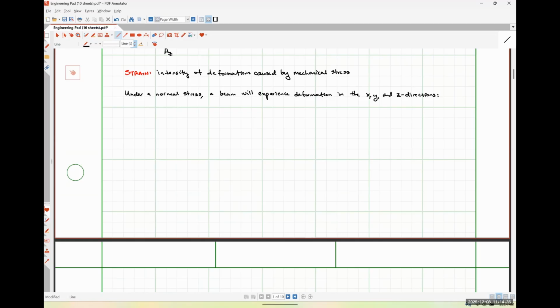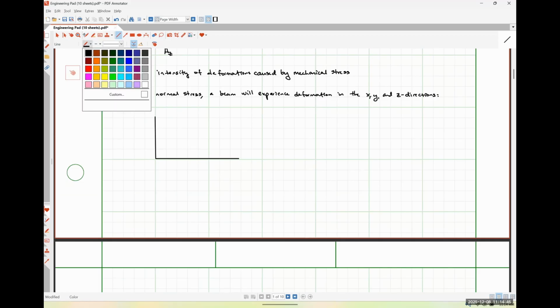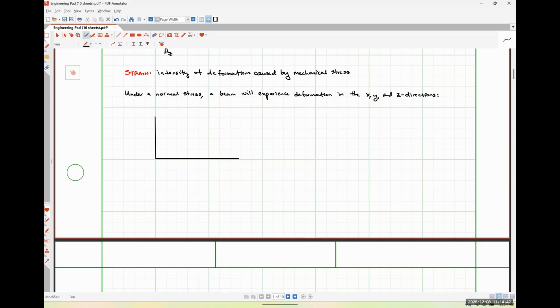Okay. At least this one's only going to be 2D, so hopefully I can manage not to mess this up too bad. So let's say that this is our z direction, this is our x direction, and I'm going to try to represent the y direction as coming out of the page, as a head of the arrow directed out like so.